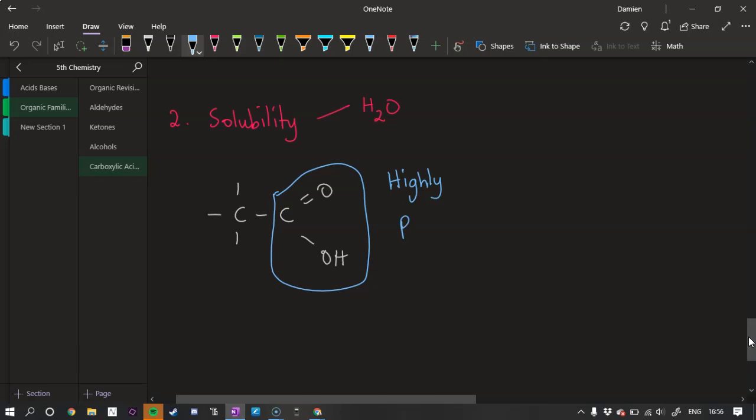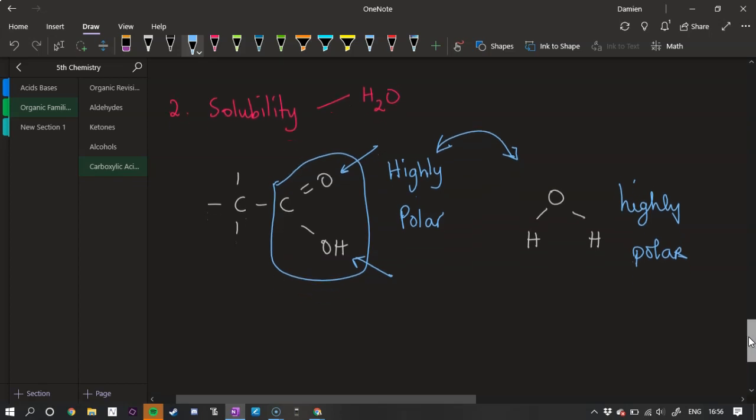It's highly polar because of two things, the carbonyl group and the OH group. Both of these make it very, very polar. Water is also highly polar. And because like dissolves like, that means that ethanoic acid is highly soluble in water.